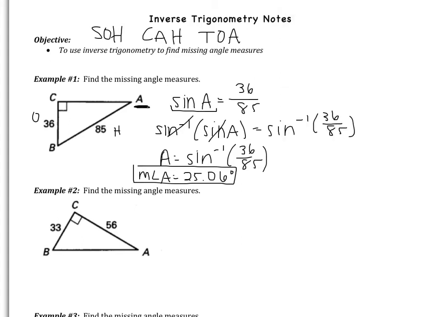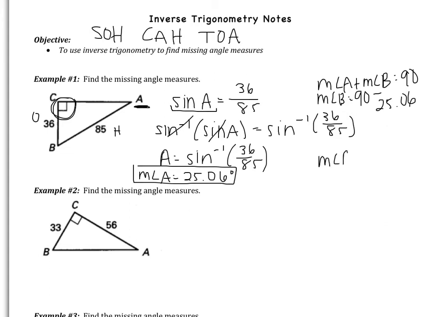From here, I need to find the measure of angle B. Well, I know that in every triangle, the angles add up to 180. I already have a 90-degree angle, so the measure of angle A plus the measure of angle B is going to be 90. So in this case, the measure of angle B is going to be 90 subtract angle A. So subtract 25.06.